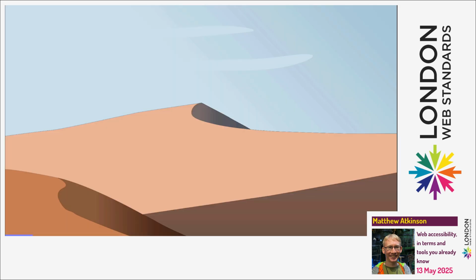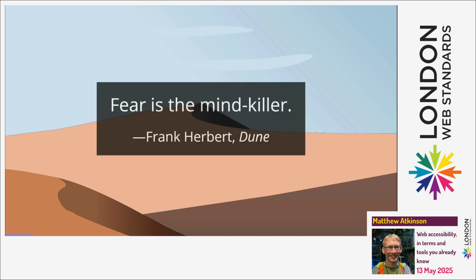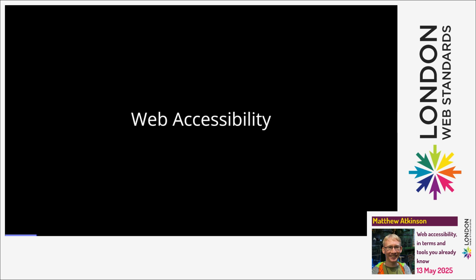But why are we here? Frank Herbert said, fear is the mind killer. Very insightful phrase. And when we talk about web accessibility, sometimes our pulse begins to race because we've just been told to do this thing and we want to do it, but we don't necessarily know how to do it.